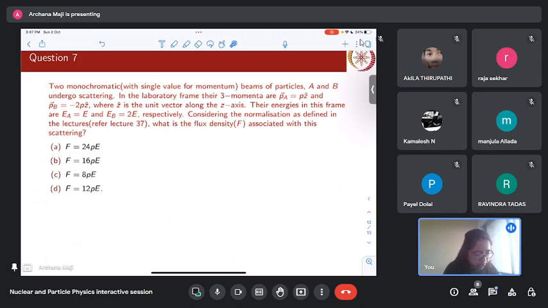Here z cap is the unit vector along the z axis. Their energies in this frame are given: energy of A is E, energy of B is 2E. Considering the normalization as defined in the lectures, so you need to refer to lecture 37, what is the flux density associated with this scattering?